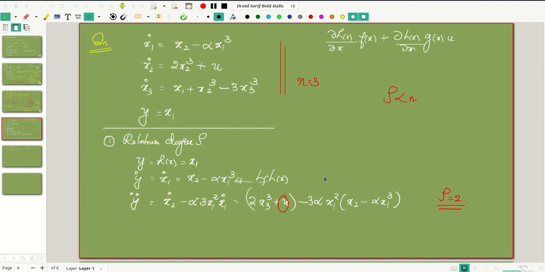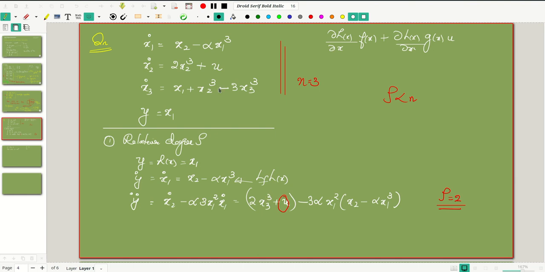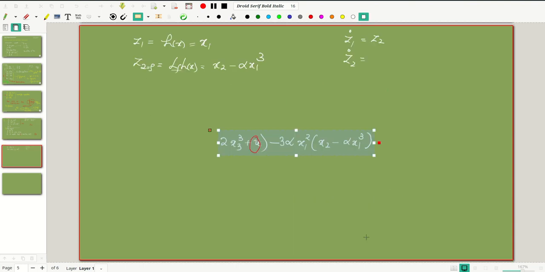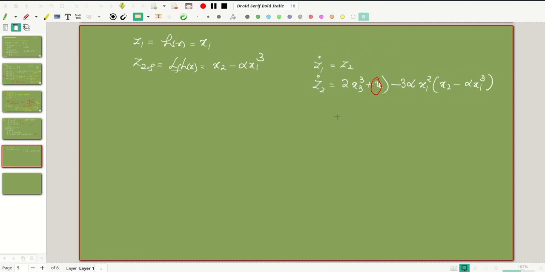So how will you simplify it and write it? Do it quickly, you do it yourselves. What is z2 dot? It is this part. So here let me look at it and write it here. Wait, I will copy this part here. So this comes here, z2 dot is this.